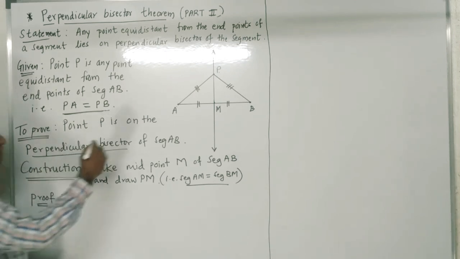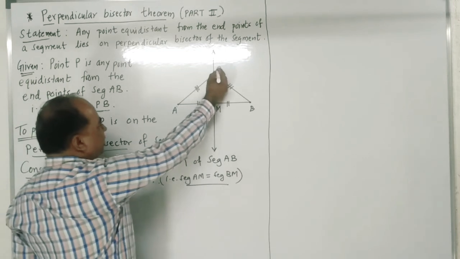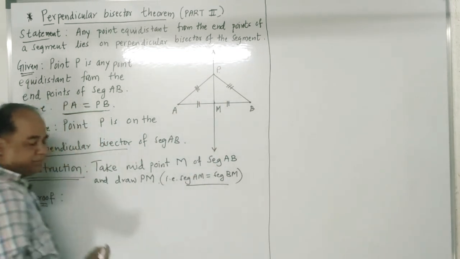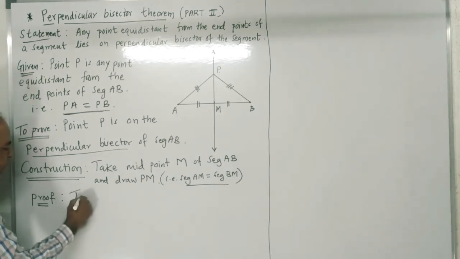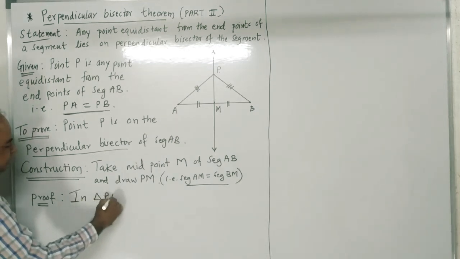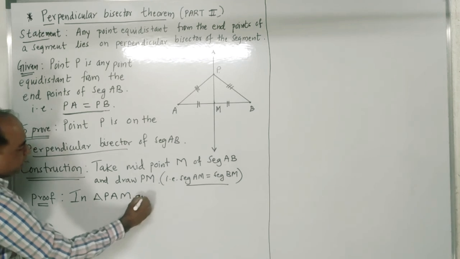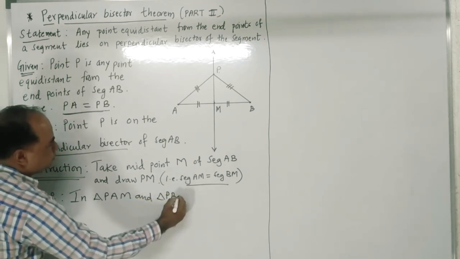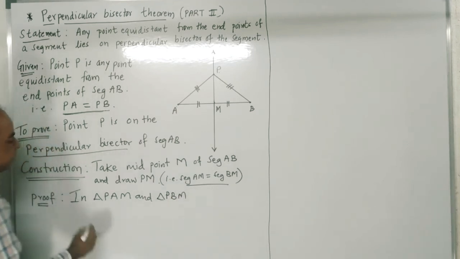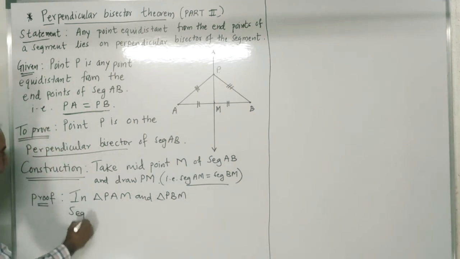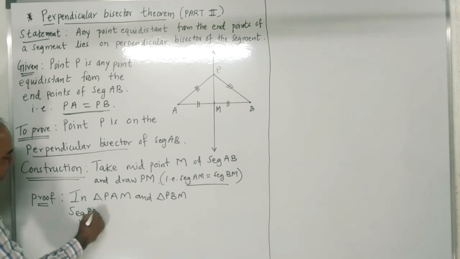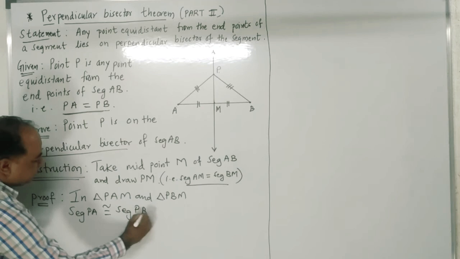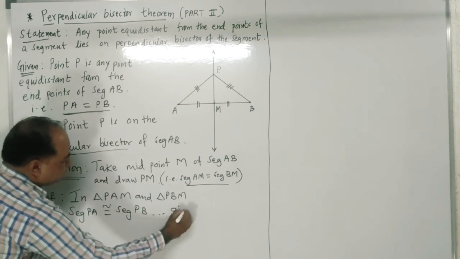Now we consider two triangles for the proof of the theorem. In triangle PAM and triangle PBM, segment PA is congruent to segment PB, which is given.